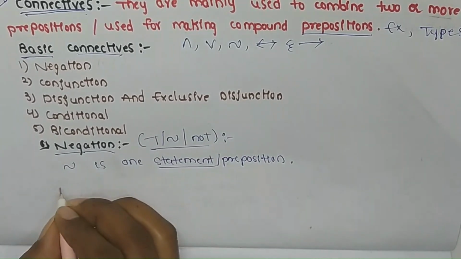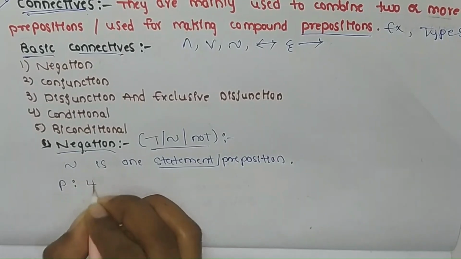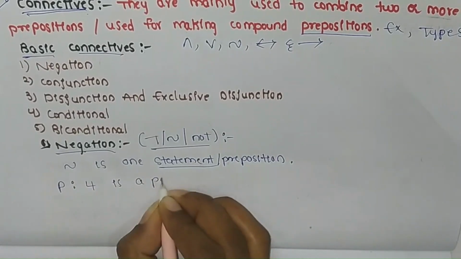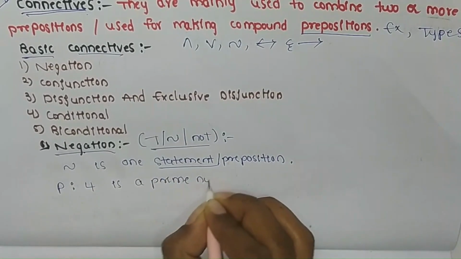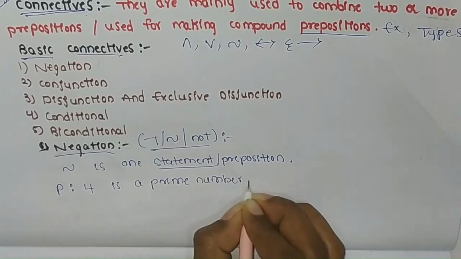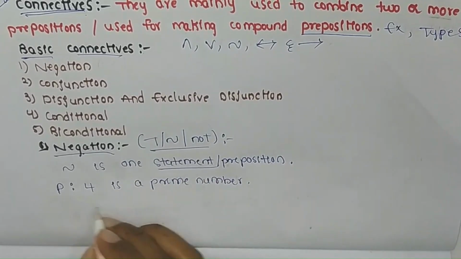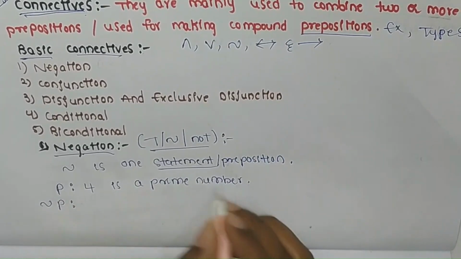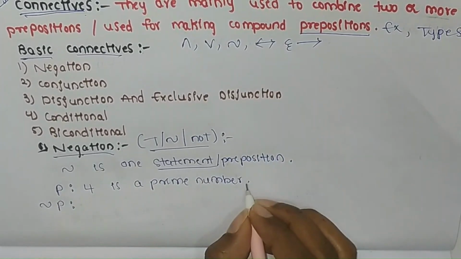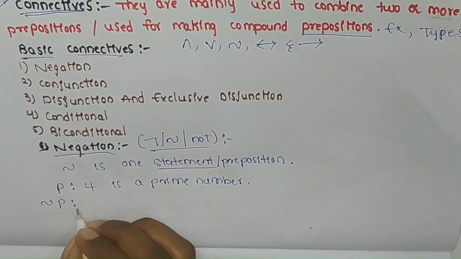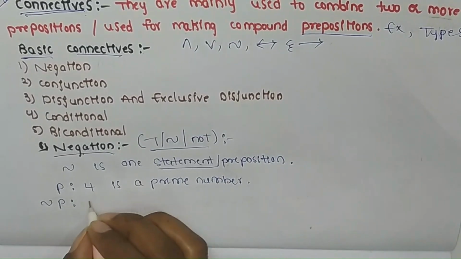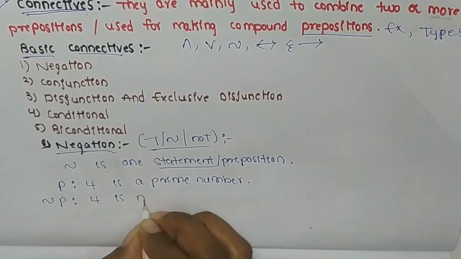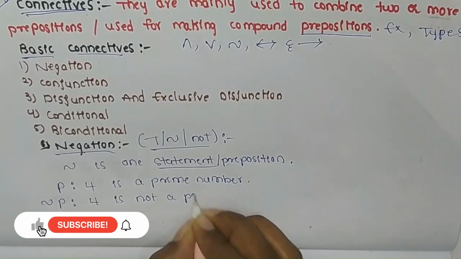We have this statement P as 4 is a prime number. Let us apply negation to this statement. Negation of P is nothing but the negative statement of this statement. This is the positive statement, then the negation is the negative of this statement, which means 4 is not a prime number.